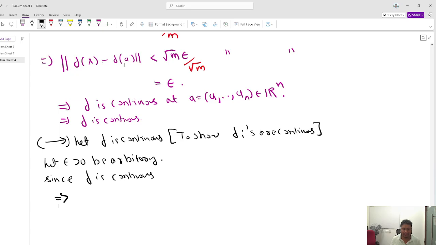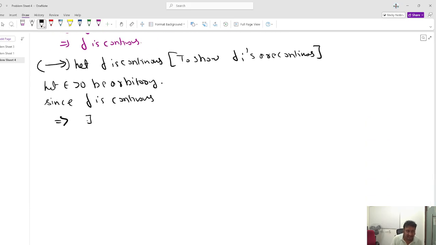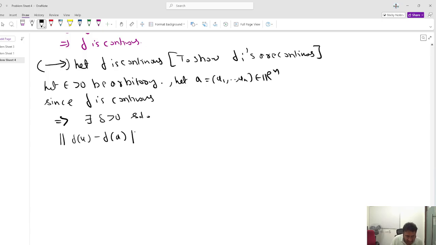This will imply there is a delta bigger than 0 such that the distance of f(x) minus f(a) is less than epsilon, where you have to choose an arbitrary point a equal to (a1, up to an) belonging to Rn, whenever the norm of x minus a is less than delta, meaning Euclidean distance.